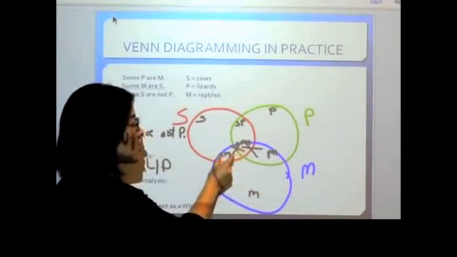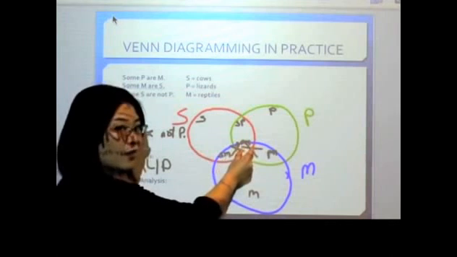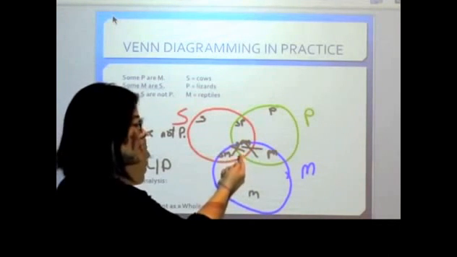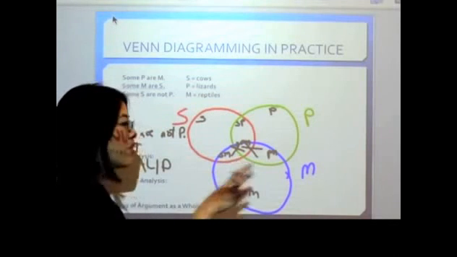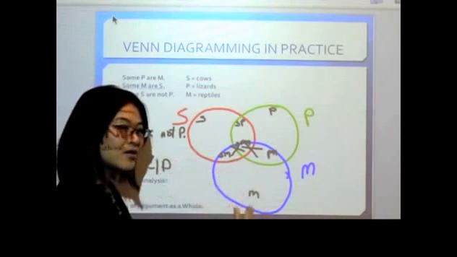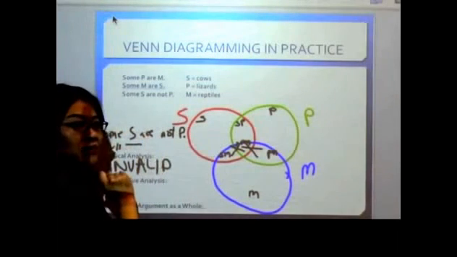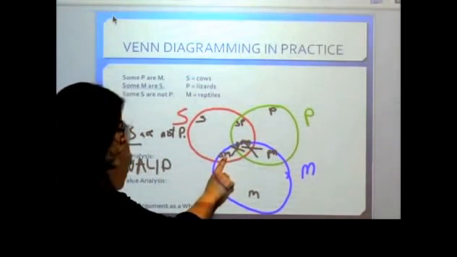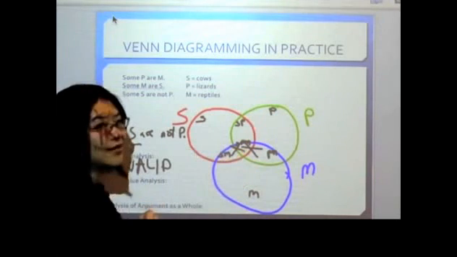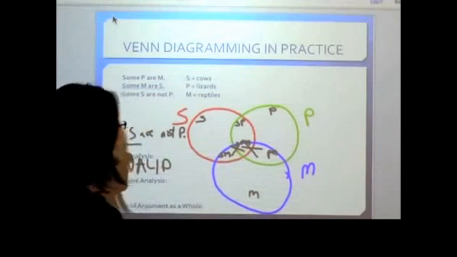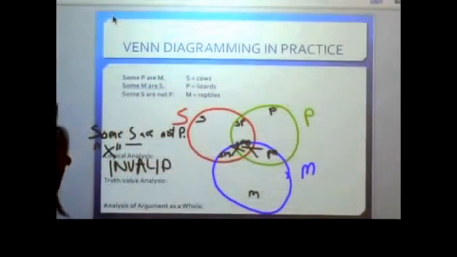So it could be that it goes in here, or it could not go in there. Because it's ambiguous, we put the X on the line, which means that we don't actually know that there is some S that are not P, because that X could fall inside the area that's an S, P, and an M. So this is an invalid argument.